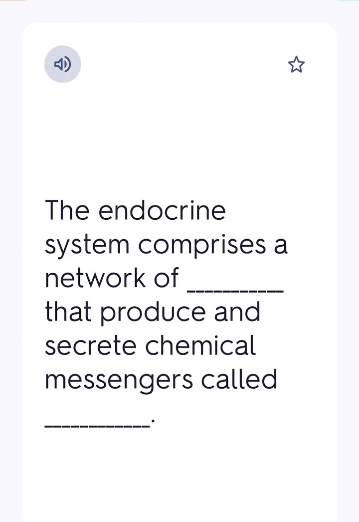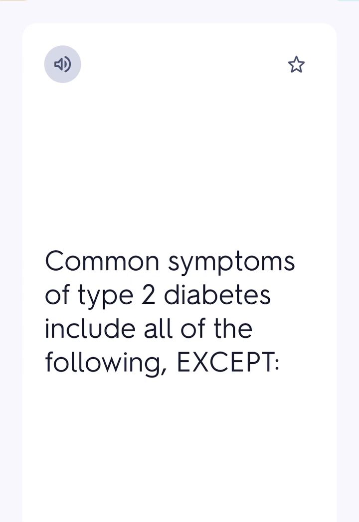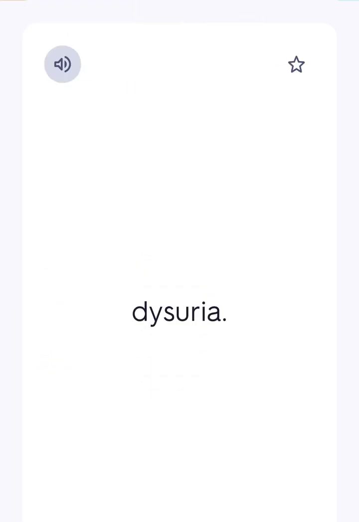The endocrine system comprises a network of glands that produce and secrete chemical messengers called hormones. Common symptoms of type 2 diabetes include all of the following: except dysuria.